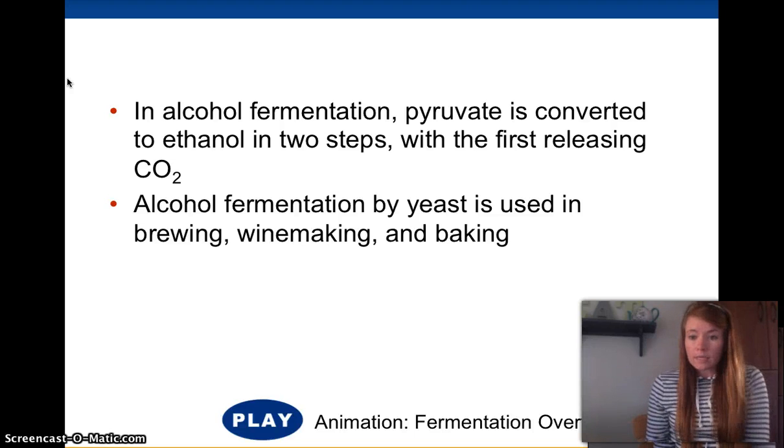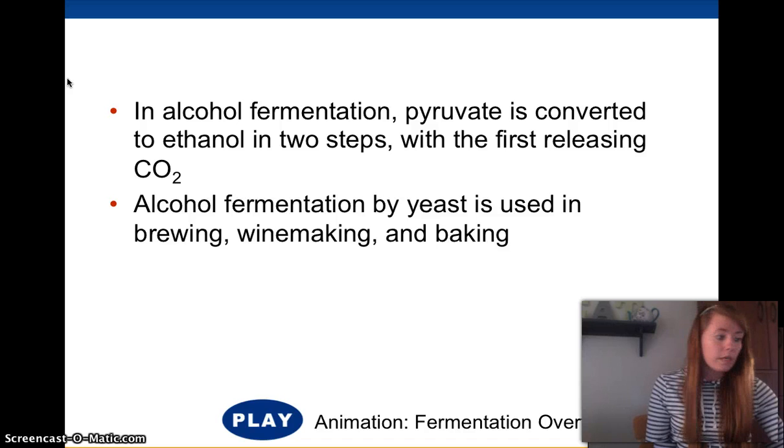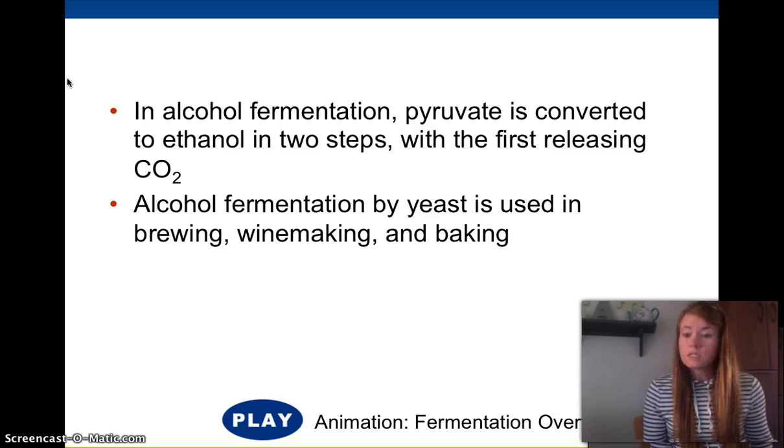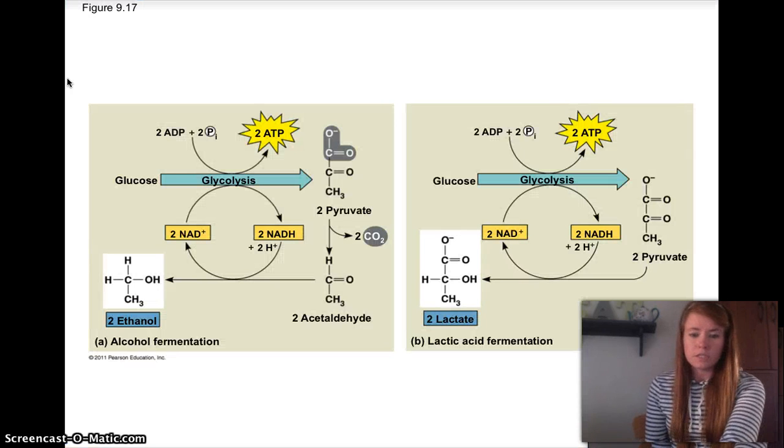In alcoholic fermentation, pyruvate is converted into ethanol, which is an alcohol, so that's why it's called alcoholic fermentation, and a CO2 molecule is released. And when this happens, we recycle our NADH back to NAD+. Alcoholic fermentation uses 2 steps.